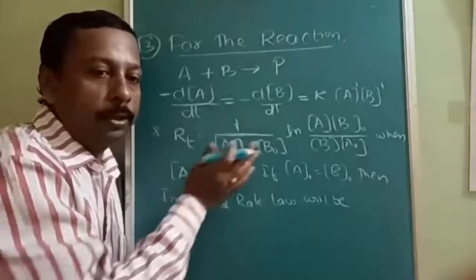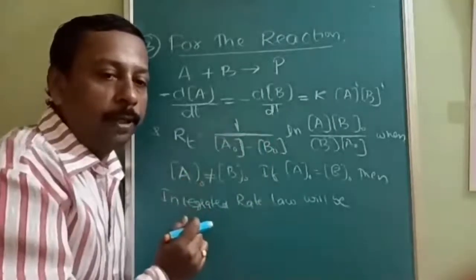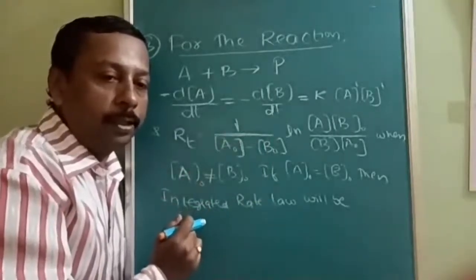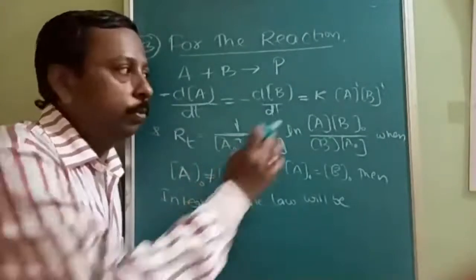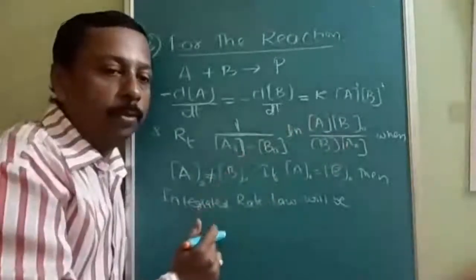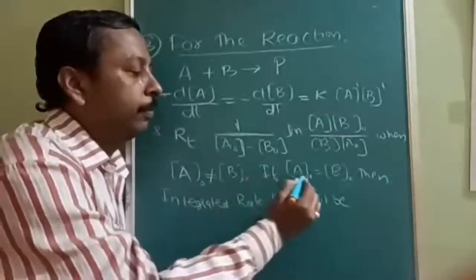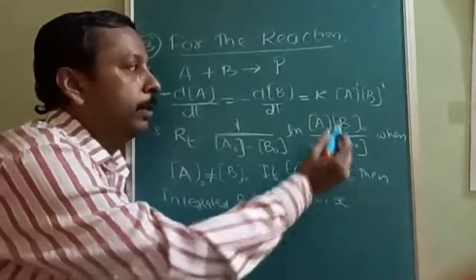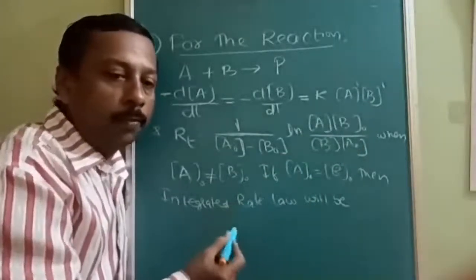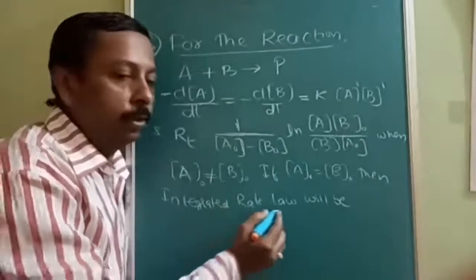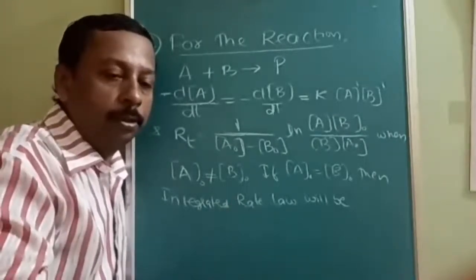So this form applies only when initially we have not taken both concentrations the same, like both 2 molarity or both 1 molarity. But if they are the same initially, if we take both as 2 molarity or 5 molarity, then what is going to be the integrated rate law? Question, is it understood?